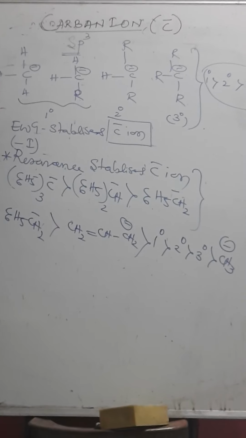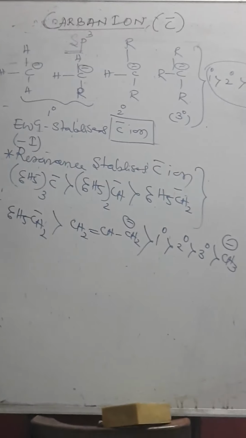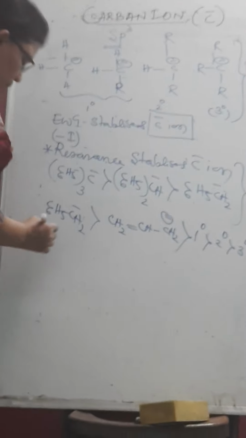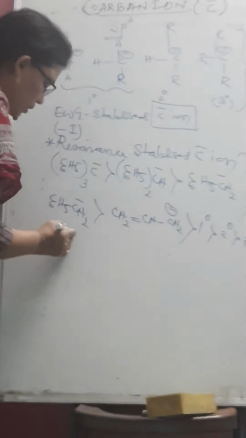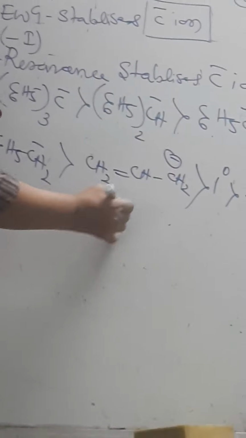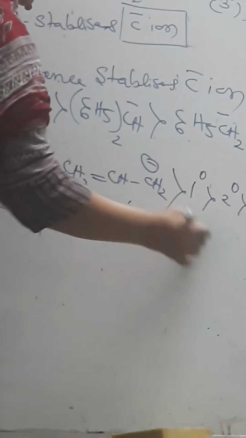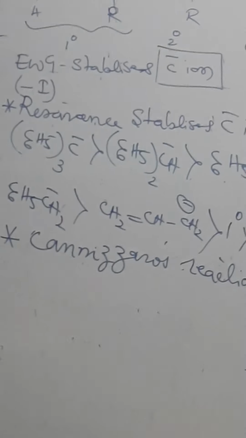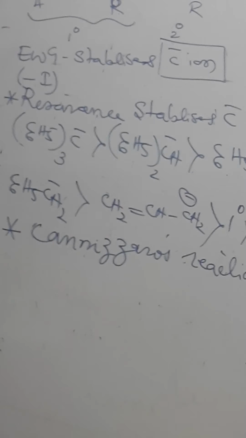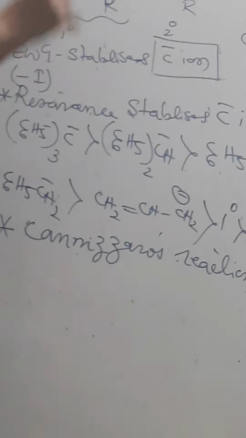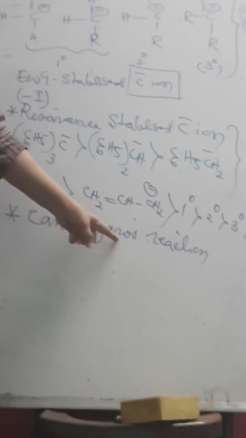Now the question arises, where we have discussed, where to study. All the examples are in second year, not in first year. First example is Cannizzaro reaction. Have you remembered, second year children? What is Cannizzaro reaction? Aldehyde which does not contain alpha hydrogen atom will undergo simultaneous oxidation and reduction in presence of strong alkali is called Cannizzaro reaction.